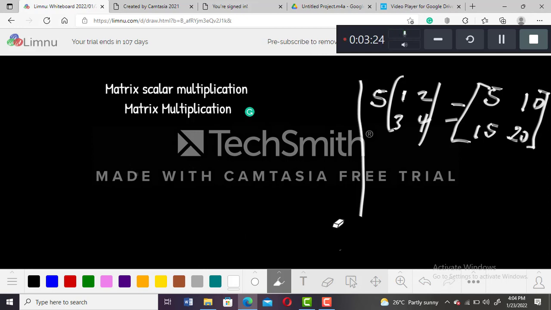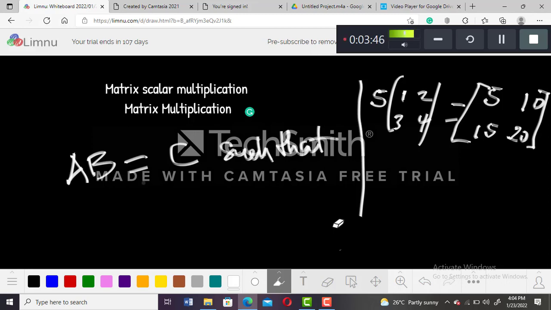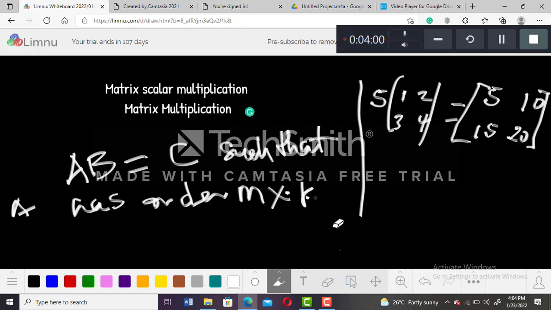In matrix multiplication, assuming that we are given some matrices A and B, the result must be some matrix C. It is such that matrix A has order M multiplied by K, and matrix B has order K multiplied by N.